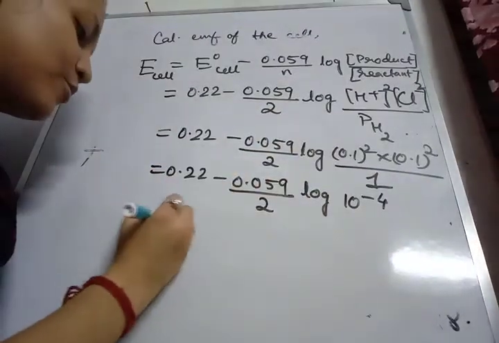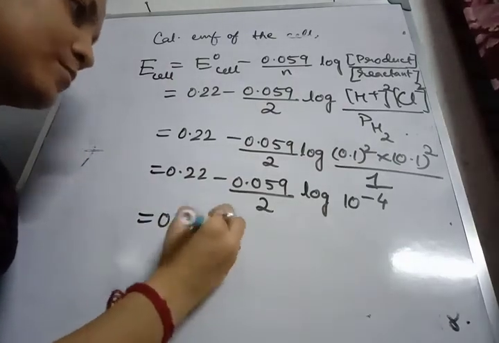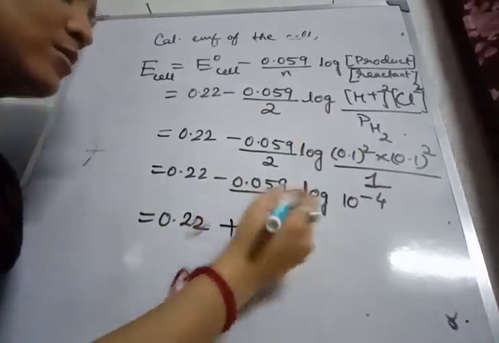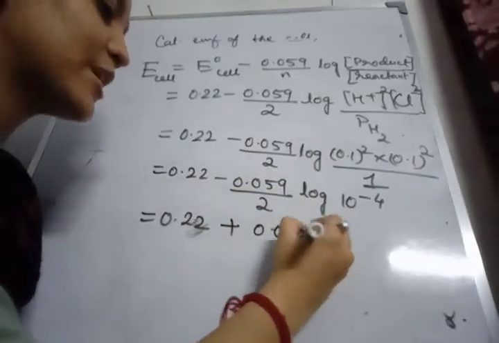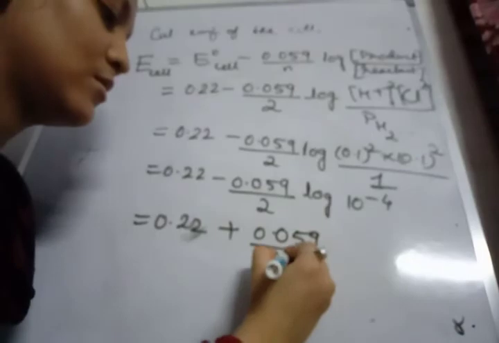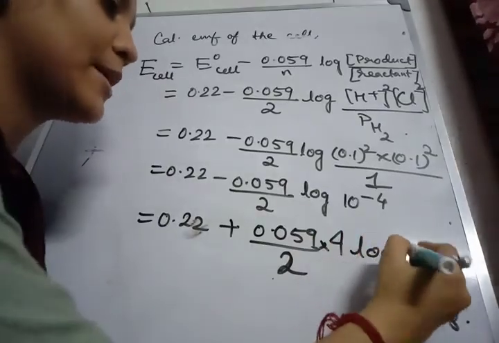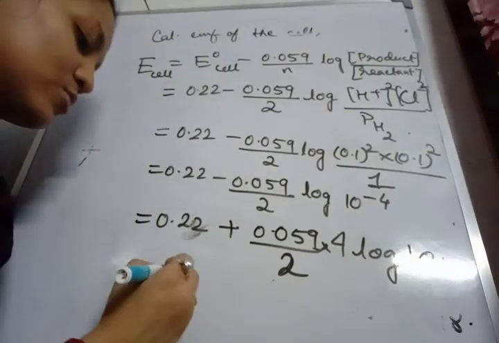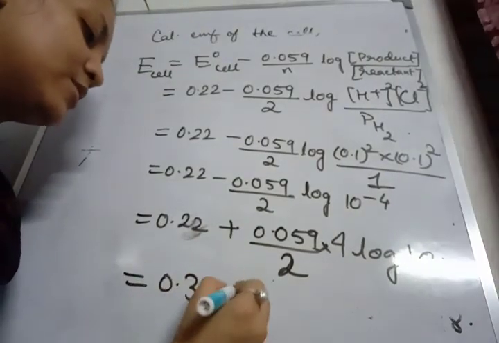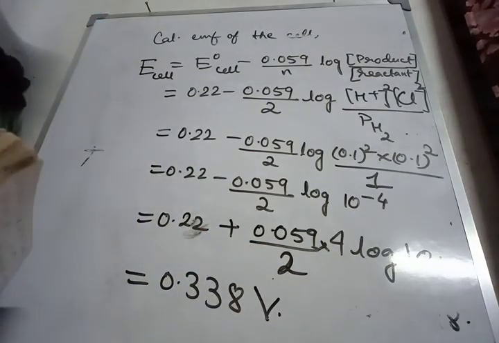The minus will change to plus, so we can write 4 log 10. If I calculate, my answer will be 0.338 volt. So that's it, class 12. Thank you, class.